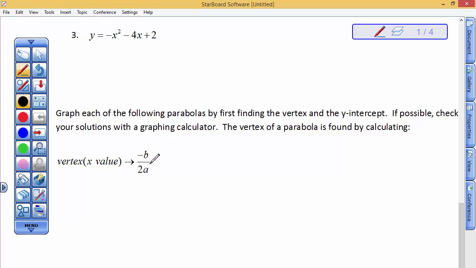So let's look at this one right here. The b value is a -4, so the opposite of a -4 would be a +4. And then 2 times the a value is a -1. So upstairs I'd have a +4, and downstairs I'd have a -2. And this tells me that the x value would be a -2 where the vertex of that parabola exists.